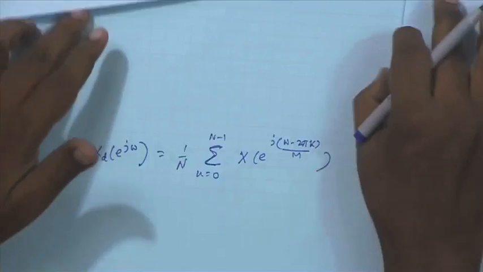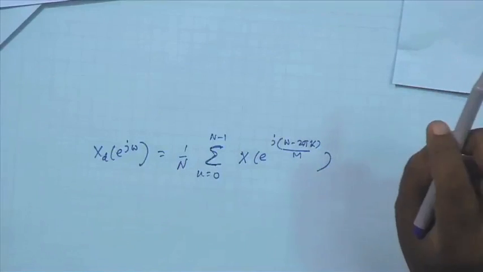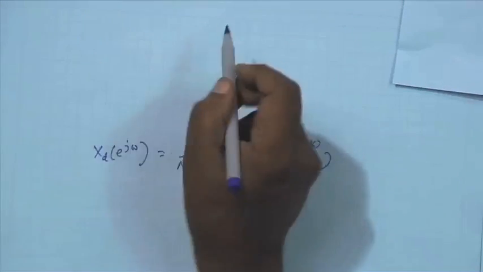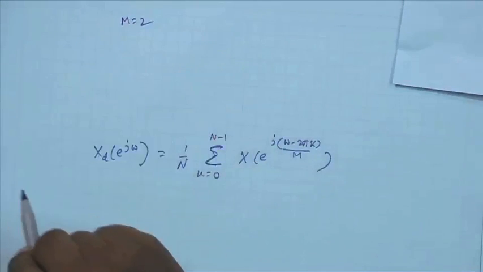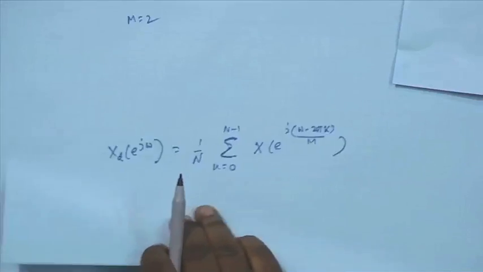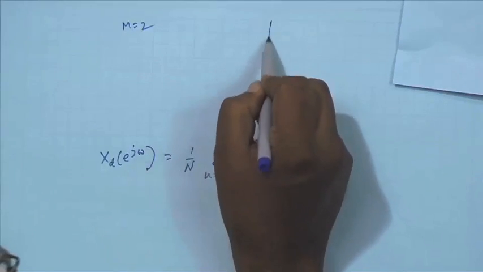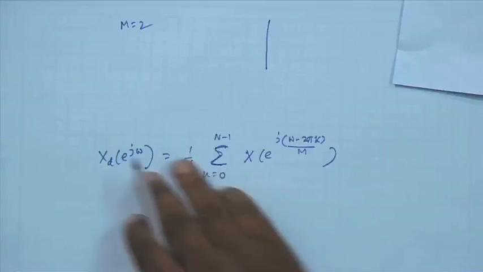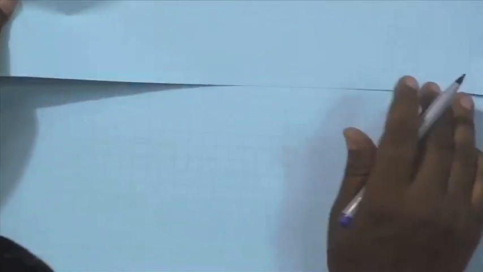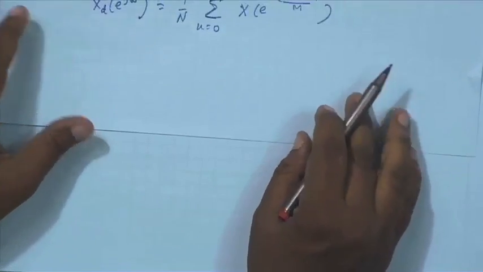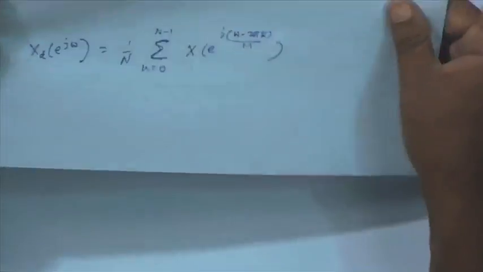Now, what is the interpretation of this? For that, we will take an example. I do not know whether I have that much time today, but nevertheless, we will take an example of just M equal to 2.